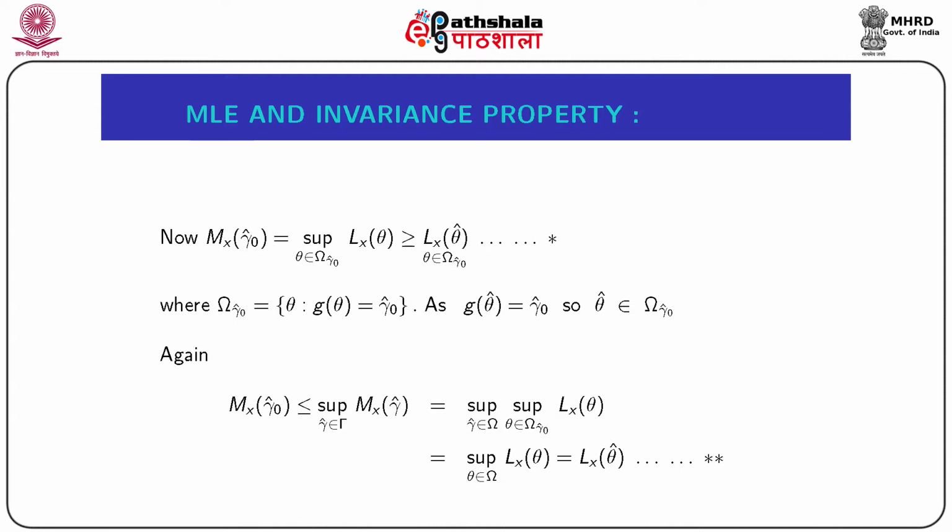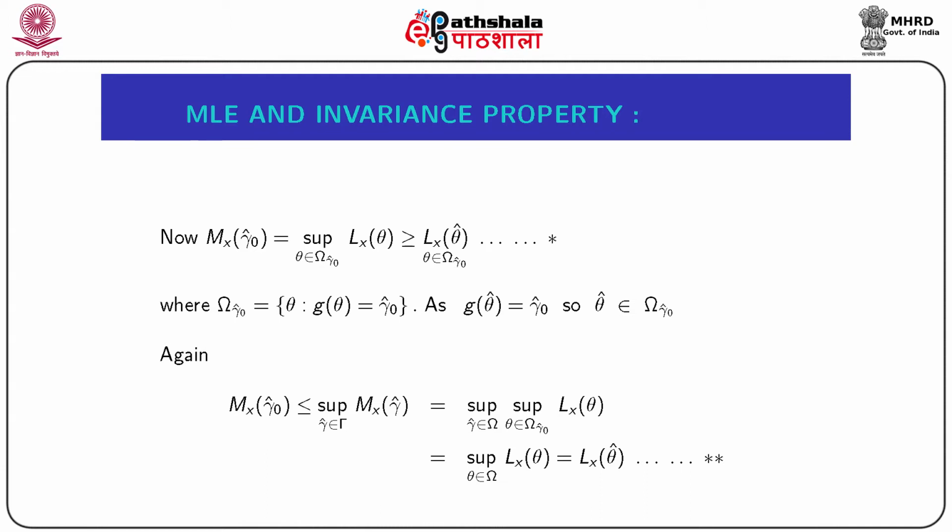Again, we consider another inequality. Here, we can also say that the function M_x at the point gamma naught hat is less than or equal to the supremum of M_x(gamma hat) for all gamma hat belonging to the set capital gamma. Now, using the formal definition of M_x(gamma hat), this is equal to the supremum over gamma hat belonging to capital gamma, of the supremum of theta belonging to the set omega at the point gamma hat of the function L_x(theta).